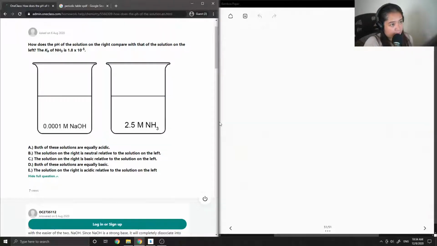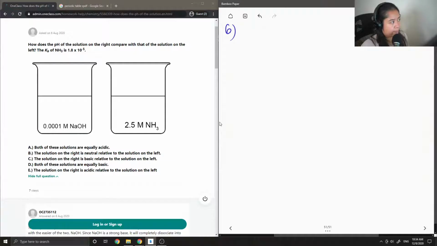Okay, so this is a multi-step question because we are given two different solutions. One of them is a strong base, which is sodium hydroxide, and one of them is a weak base, which is just ammonia. So for step 1, let's just find the pH of the strong base first.